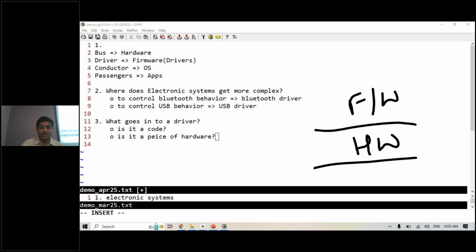So when firmware wants to control the hardware, it is a piece of instructions. In which language is it present? Can someone tell me? Whatever code I'm showing, what do you think this language is? Machine language.